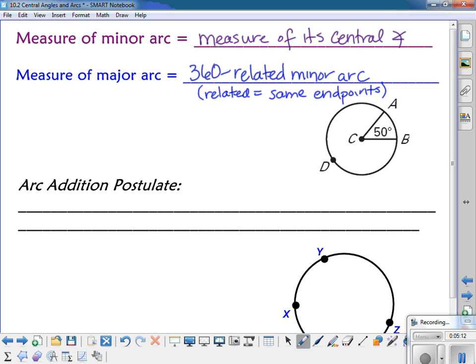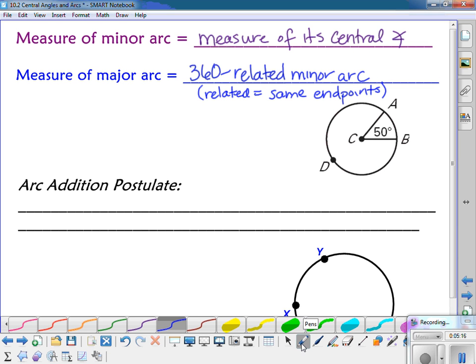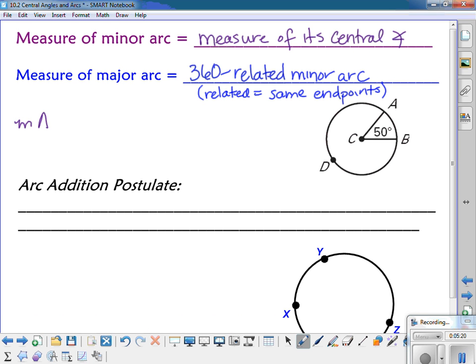So for instance, in my circle over here, circle C, I know the measure of AB, and so I write a small m, and then I write the AB with the arc over it. That means the measure of arc AB has to equal 50 degrees because angle ACB is 50 degrees.